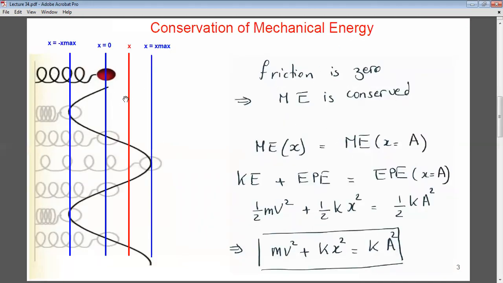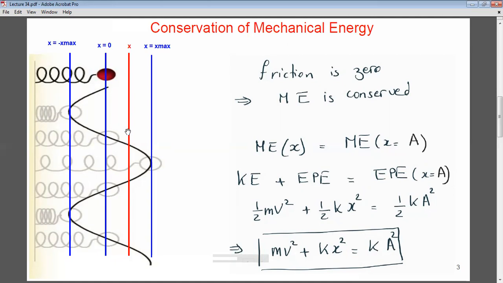Now, conservation of mechanical energy. Again, in our mass-spring system, we will be dealing with a situation when there is no friction. So if there is no friction, then the mechanical energy is conserved, which means the mechanical energy at any value x is equal to the mechanical energy at x equal x maximum, which is A. Okay, what do we have at any value x?